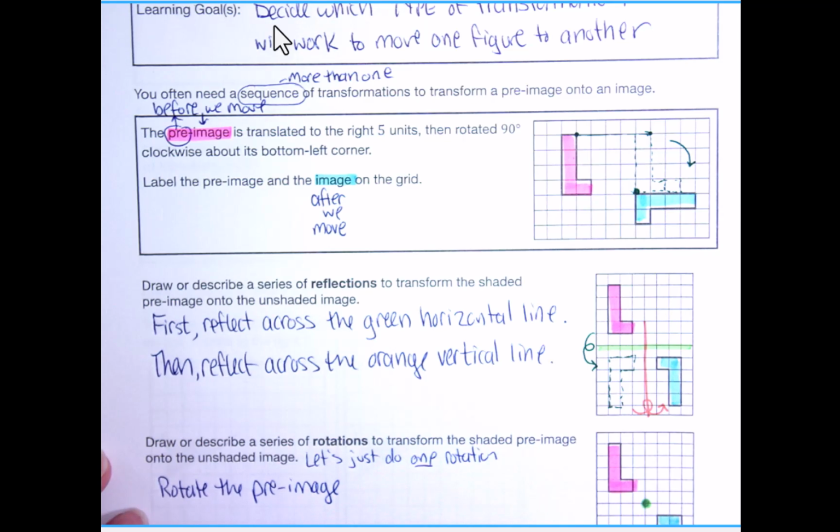I have to say how many degrees I'm moving: 180 degrees. When it's 180 degrees, you really don't have to say whether it's clockwise or counterclockwise because it ends up in the same place. But just for good measure, I'll go ahead and identify the direction. And then I'll identify the center of rotation.